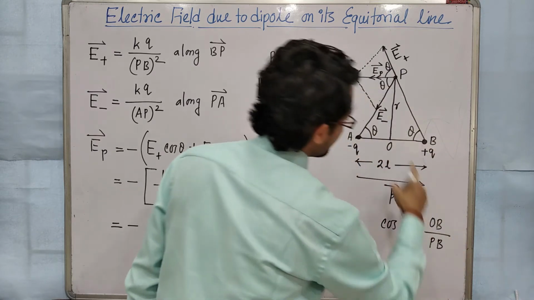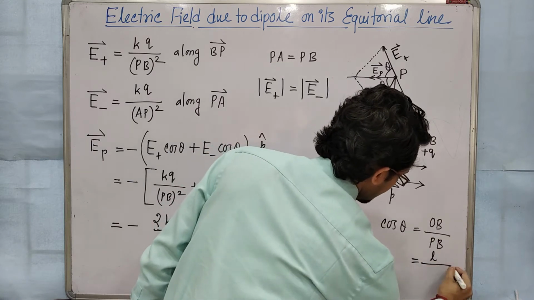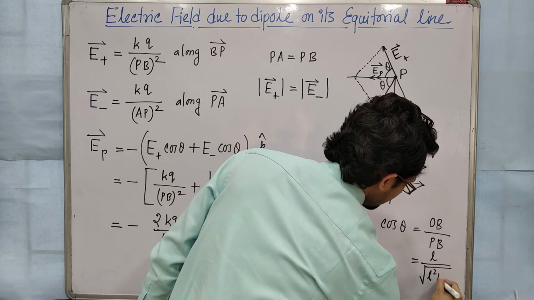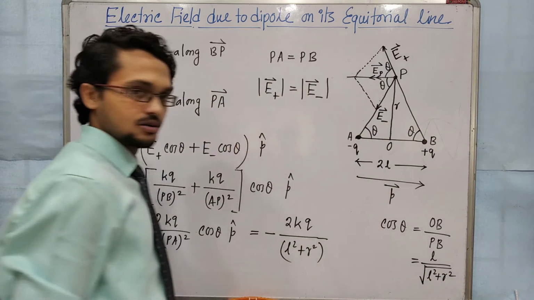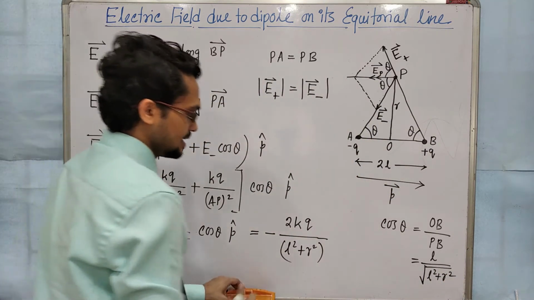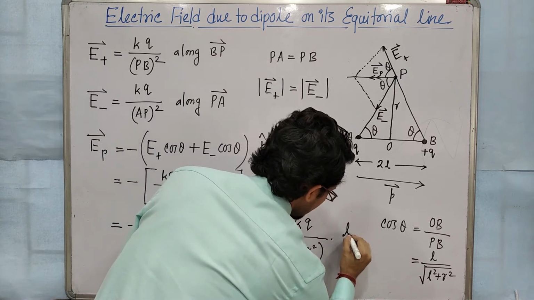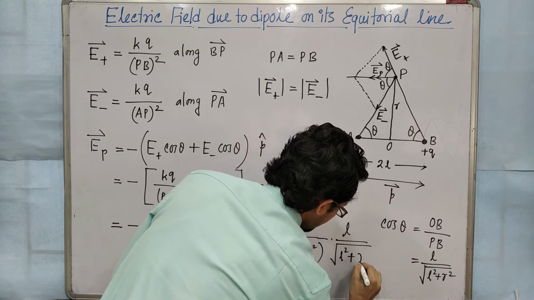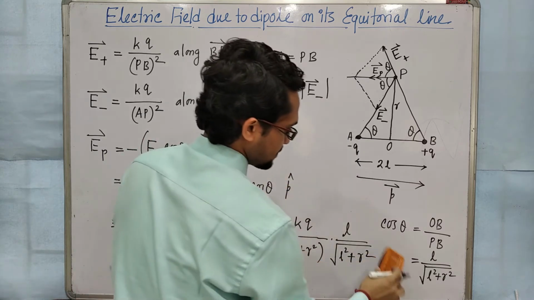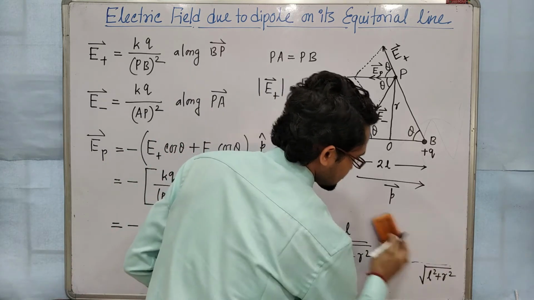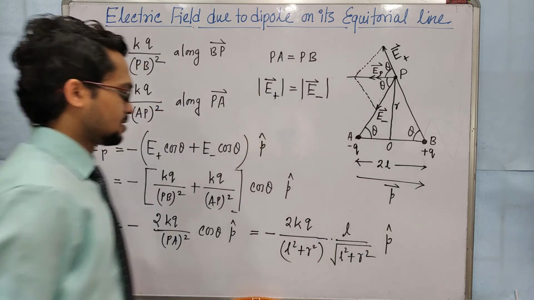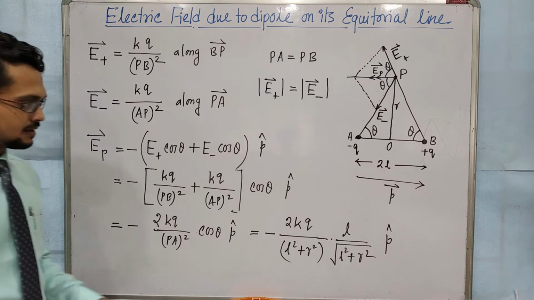OB equals L and PB equals root over L square plus R square. So I am writing it here, into L by root over L square plus R square, then P cap. Understand?